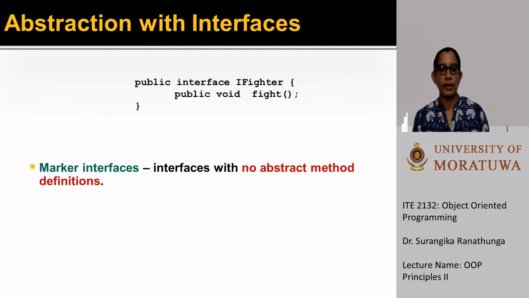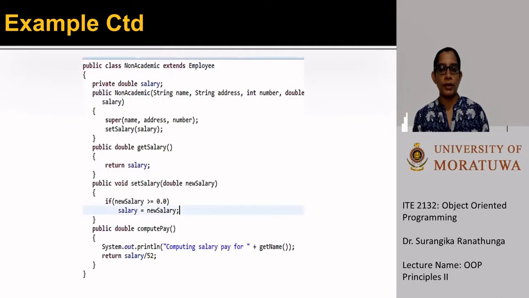Otherwise, you will get an error. Or the non-academic employee class should also be abstract. But if you want to create objects from the non-academic class, you cannot make it abstract. And if you are not going to make it abstract, and if employee has an abstract method, then you must implement that abstract method here.